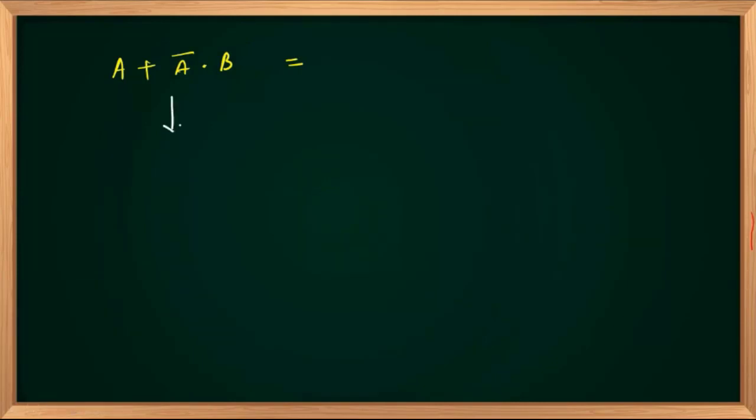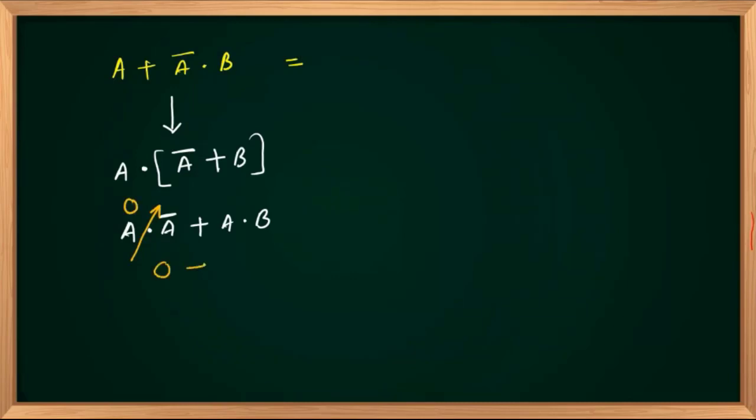Let us take the dual expression of this. What is the dual? The dual of a is a itself. The dual of the or sign is the and sign. The dual of a complement is a complement itself. The dual of the and sign is nothing but the or sign. Then splitting into two, a dot with a complement or a dot b. What we have concluded was a dot a complement will always be equal to 0.